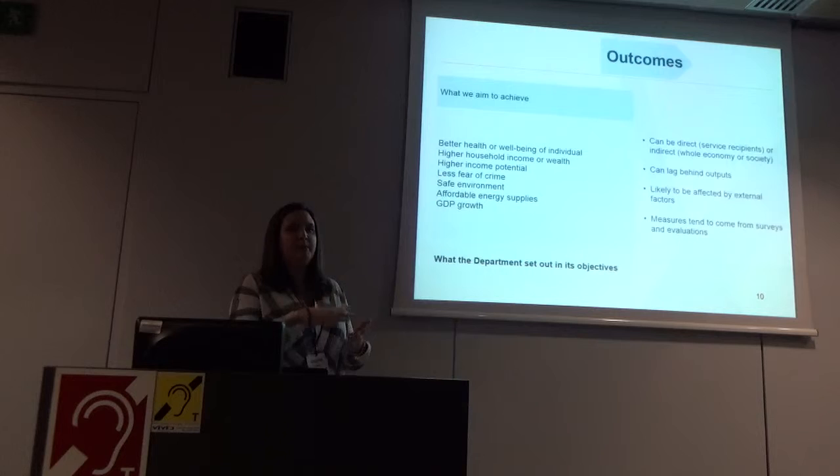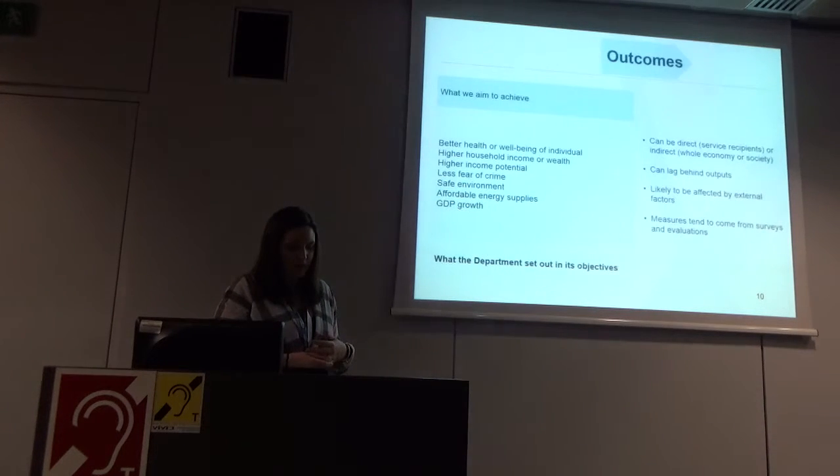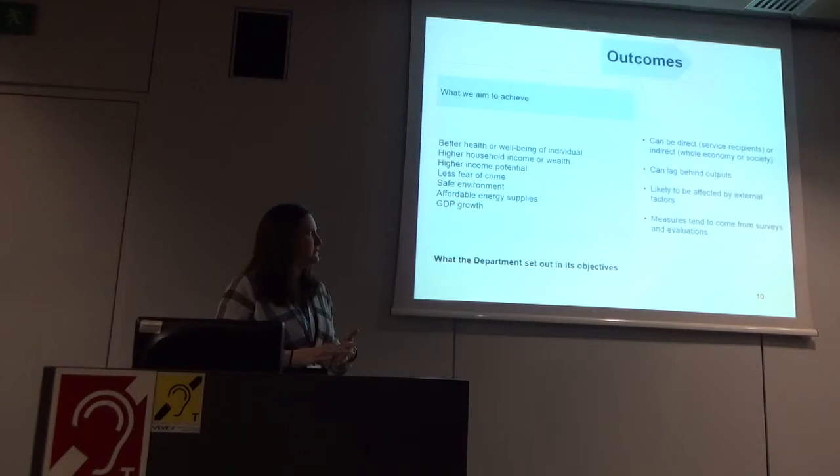And also, if people aren't getting that disease, you've got less impact on GDP, so people are more likely to be able to go into work. It's not going to cost the health service so much. So they're quite far-ranging. And then you've also got an issue in terms of how long it might take before you actually see that outcome.